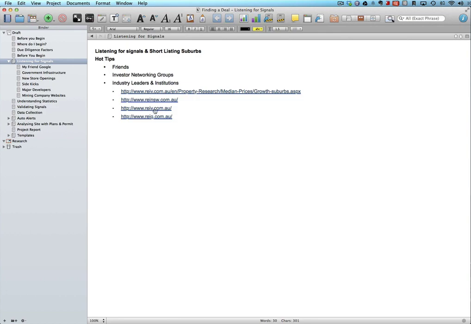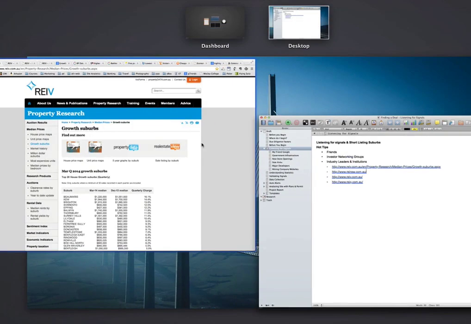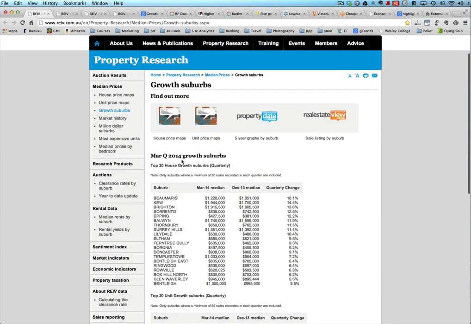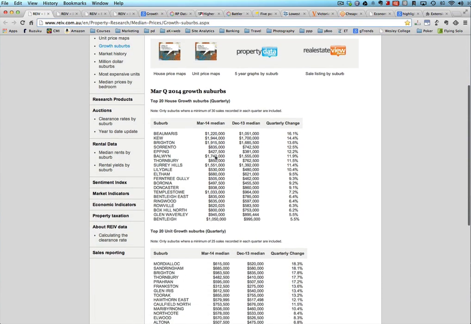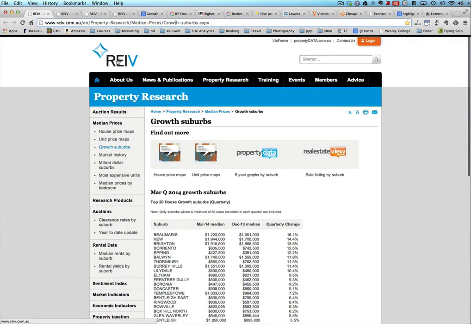So I've got REIV, and REIQ, which is for Queensland, and all of these. Let's look at this website. It has the median price and growth suburbs, and it tells me which suburbs are really doing well. Now REIV is the Real Estate Institute of Victoria, so the data is dependent upon the input this site receives from all the agents in Victoria.